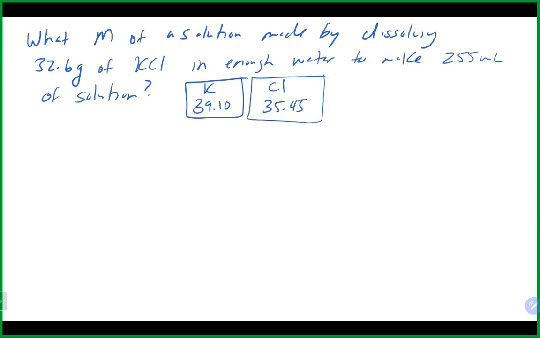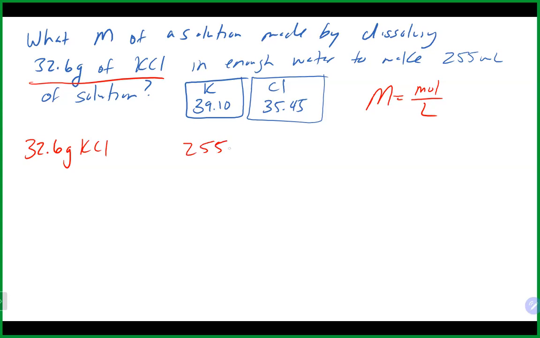We're looking for the molarity here. It means basically moles per liter, so we need both of those in those units. In this case, we have 32.6 grams of KCl, and we have a volume of 255 milliliters. So we need to do a little bit of work.